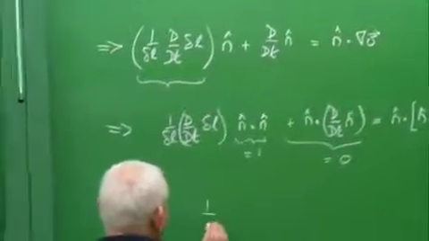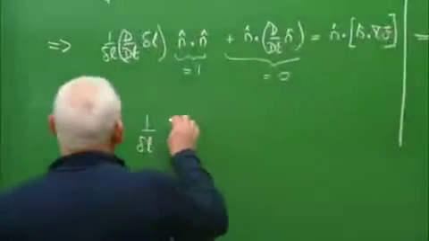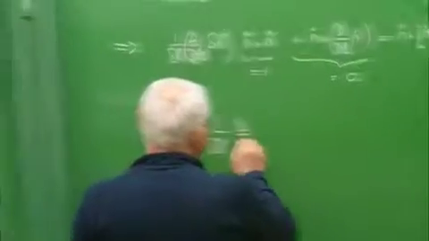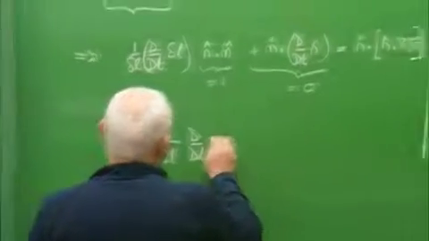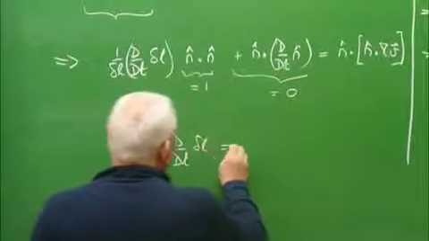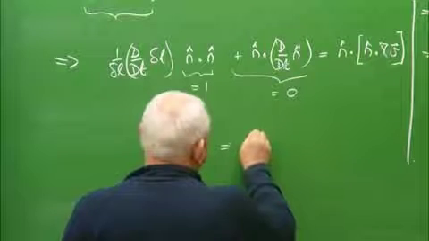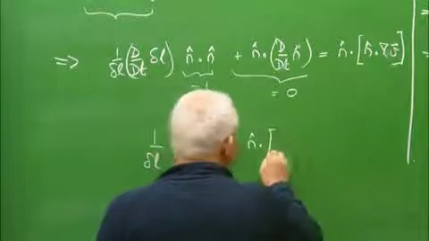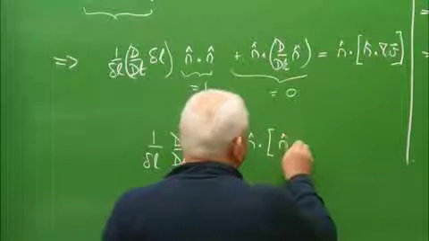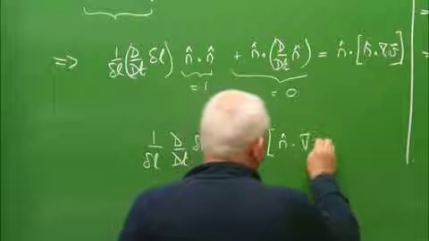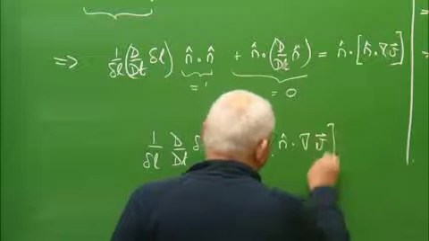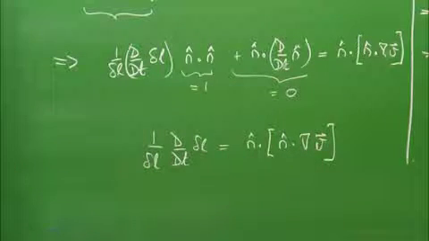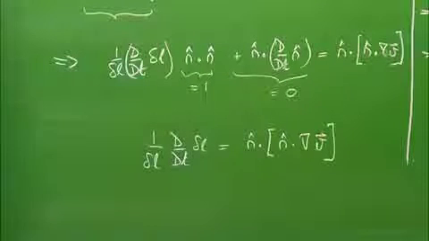And this is now my result. The rate at which the fluid strains is equal to n hat dotted with n hat dotted with lambda acting on the vector field V. I'll examine what that quantity on the right-hand side looks like in a moment.